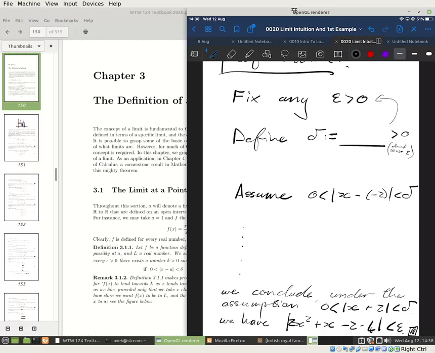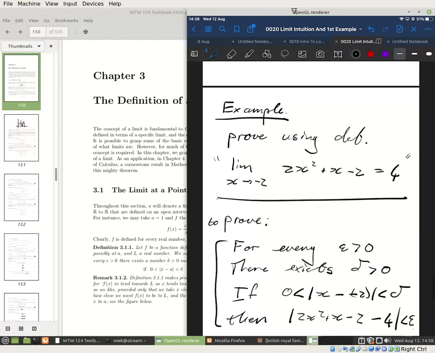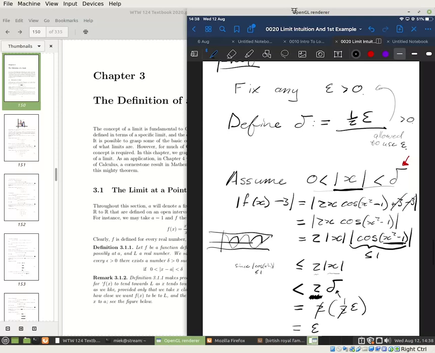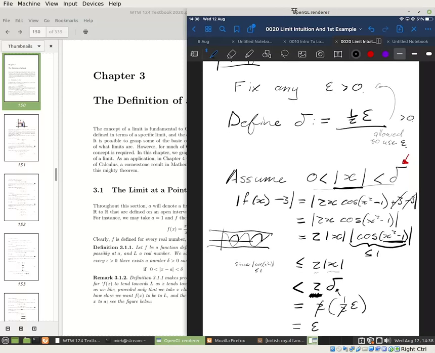Let us fill out our proof now, and you will see something strange happen. Let's look at our previous example. In our previous examples, we ended up with the expression that we want to get less than epsilon being less than some constant times delta.